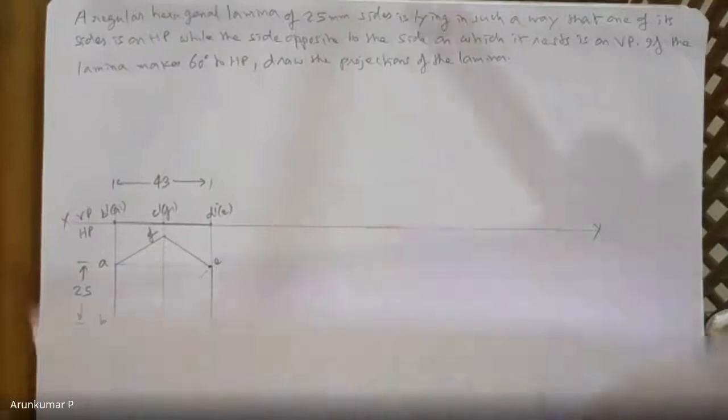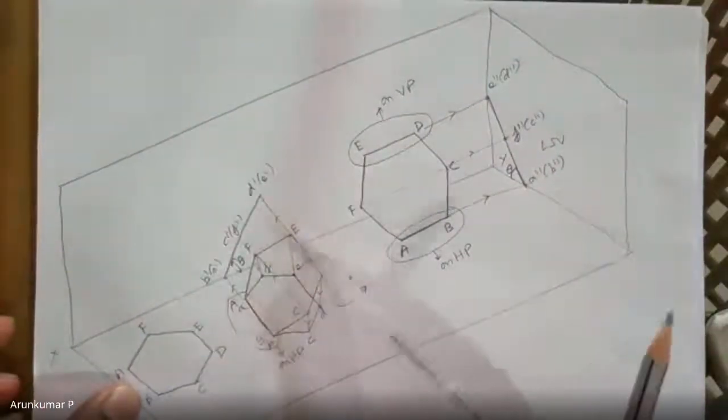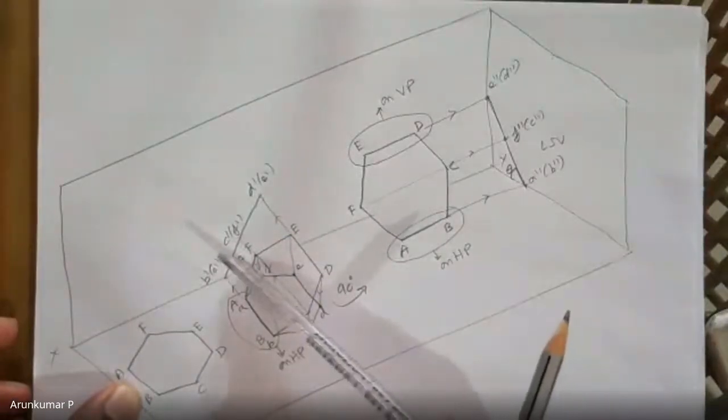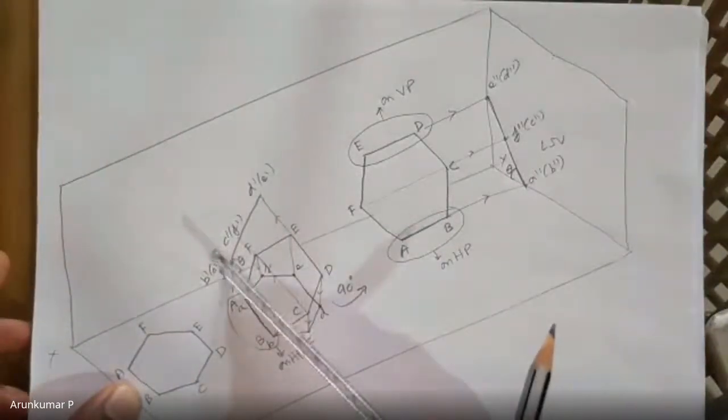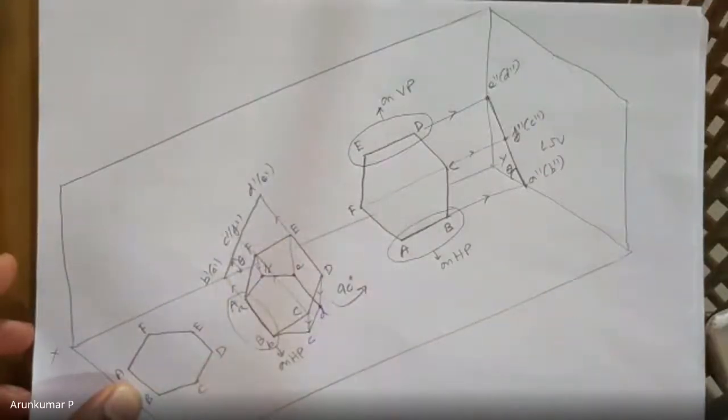Second step, as you had seen, the hexagon has to be inclined to HP by an angle theta. So what you do is you have to incline the front view of 43 mm length by an angle theta.